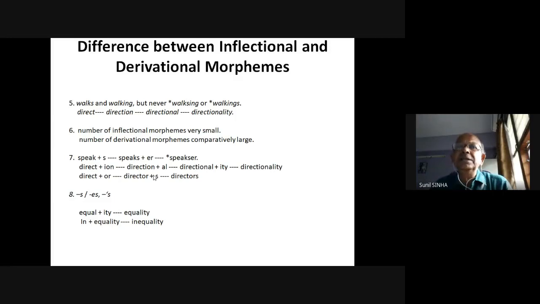So that is also a difference of number. The number of inflectional morphemes is small in English, but the number of derivational morphemes is comparatively large, right? That's a good difference, but not a very big difference. Now let's come to point number 7.